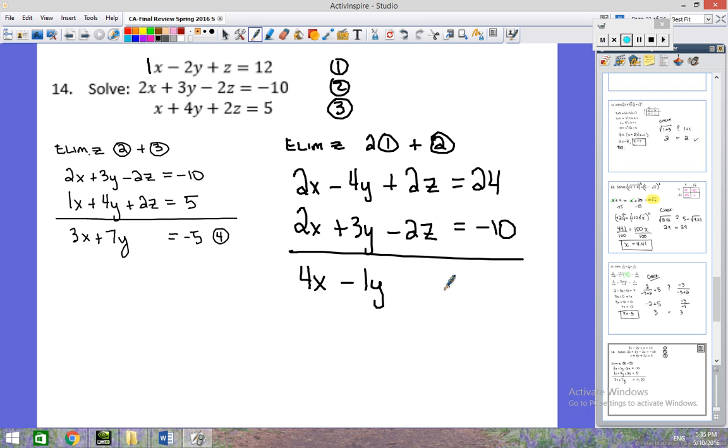The z's are eliminated just like we wanted, and 24 minus 10 is 14. Let's call this equation 5. So now instead of having 3 equations and 3 unknowns, we have 2 equations and 2 unknowns. The number of unknowns must equal the number of equations for us to have a unique solution.